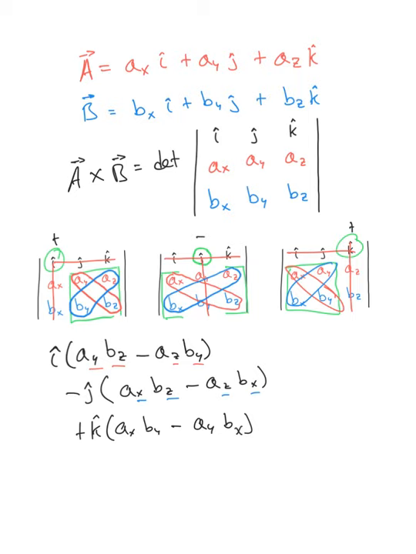So the i hat component depends only on Y and Z in your original vectors. The j hat component of your resulting vector depends only on the X and Z components of your original vectors. And the k hat component of your resulting vector depends only on the X and Y components of your original vectors.